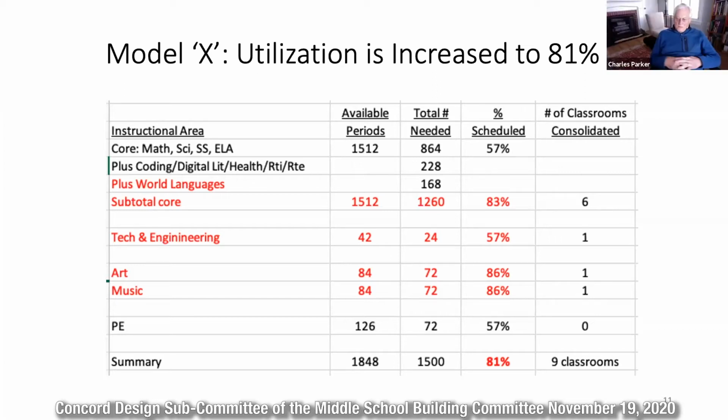I might comment by simply saying it's very easy to do this. It's just a matter of moving the total needed periods from one space or one area to another, and increasing or decreasing the available periods in the first column based on whether you're increasing or decreasing the availability of those.